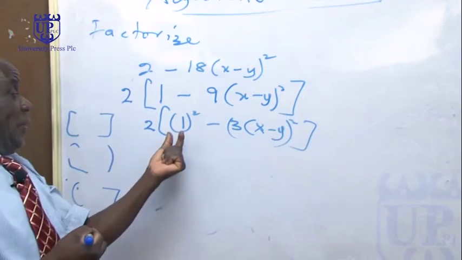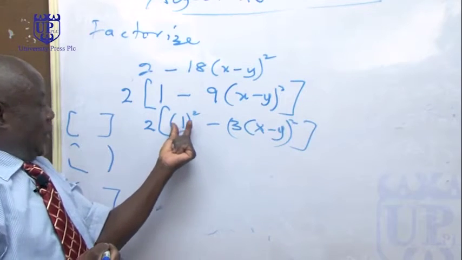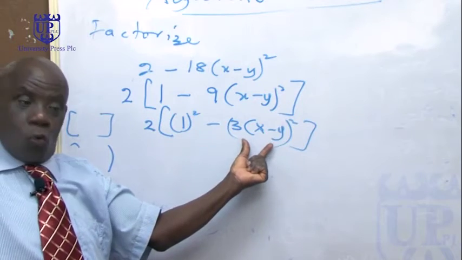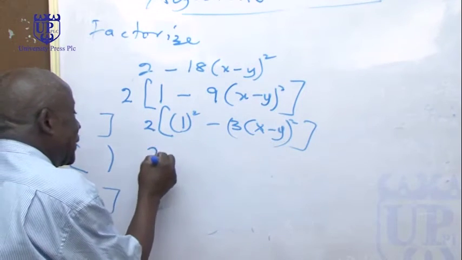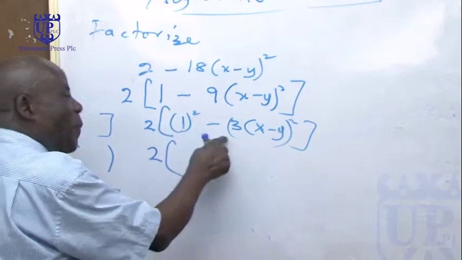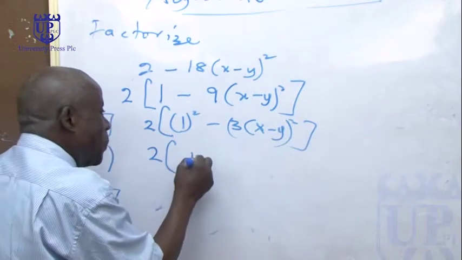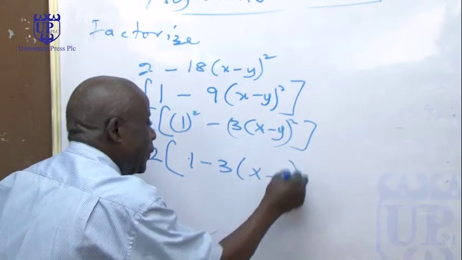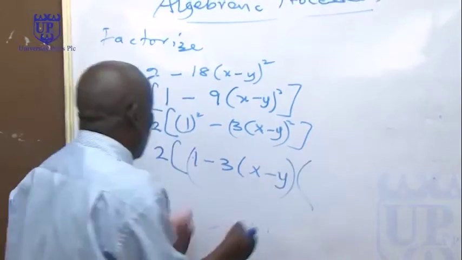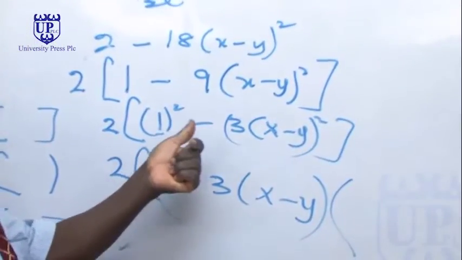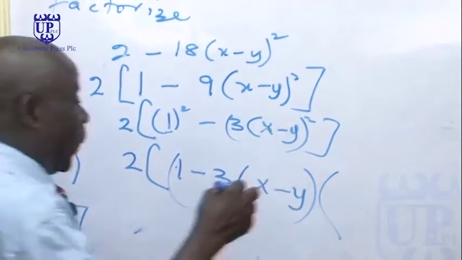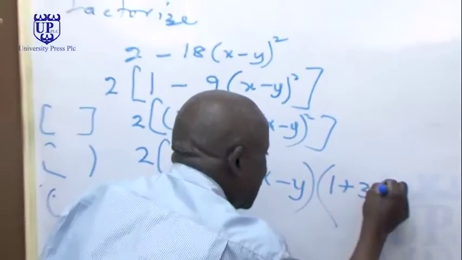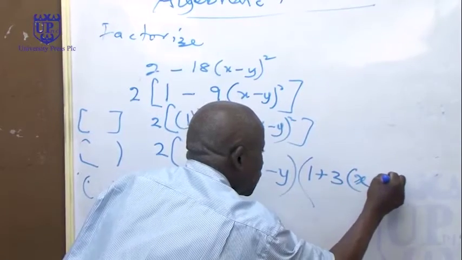Now we are after two different perfect squares. This one is 1, the whole of this one is another one. By that rule, it is the first one minus the second one, that is 1 minus 3 into x minus y, multiplied by the first one plus the second one, 1 plus 3 into x minus y.